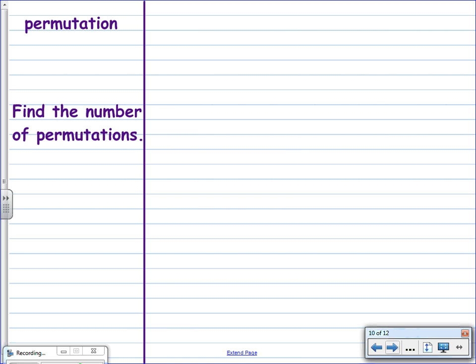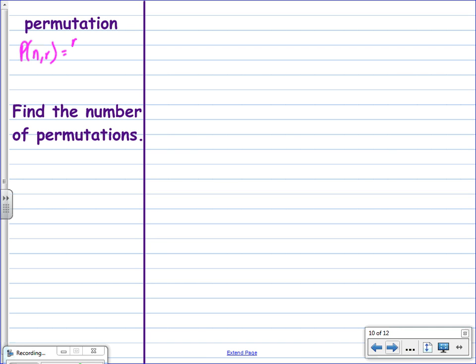The last thing we're going to talk about, I know you already have some notes, is a permutation. And there's a couple different ways to notate a permutation. One of those ways is P(n, r).